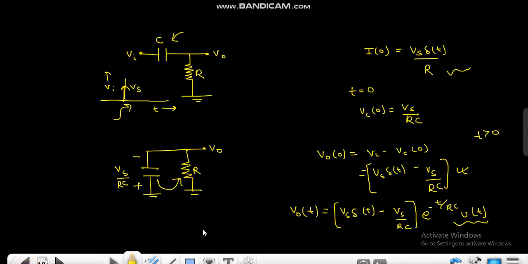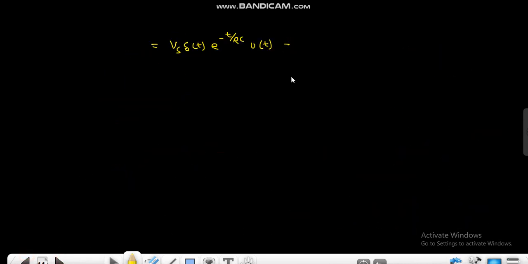Okay, now you solve it further. So what you get: Vs delta t into e to the power minus t upon Rc into ut, minus Vs by Rc e to the power minus t upon Rc into ut. Now you see this complete expression can be reduced.